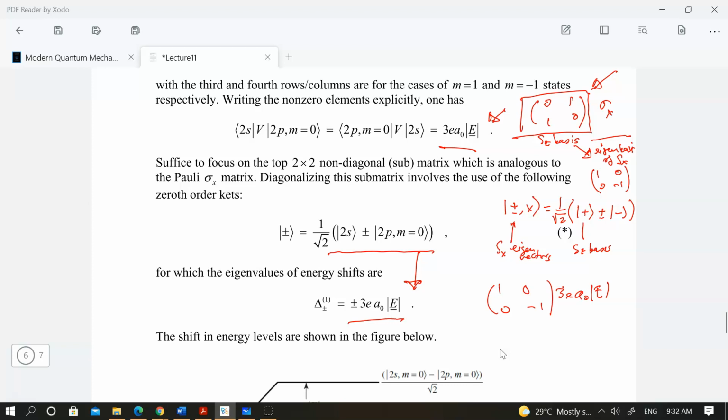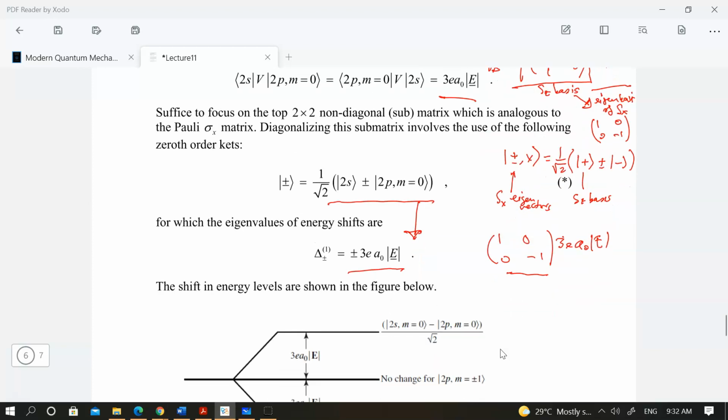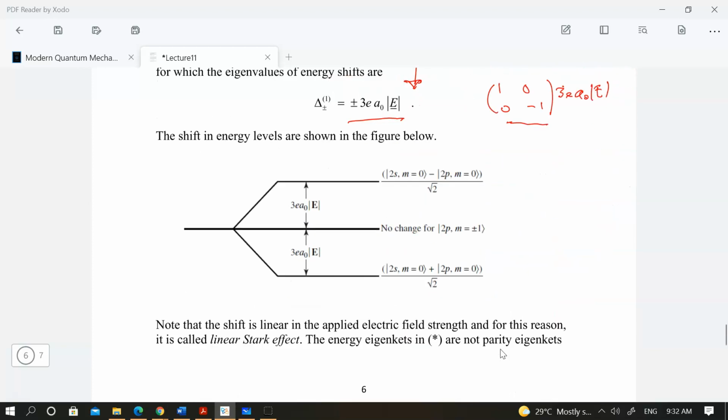You can see that all the complicated things that we have done for the degenerate case was just to make sure that the off-diagonal elements of your potential will have zero matrix elements. And this corresponds to this kind of shift.